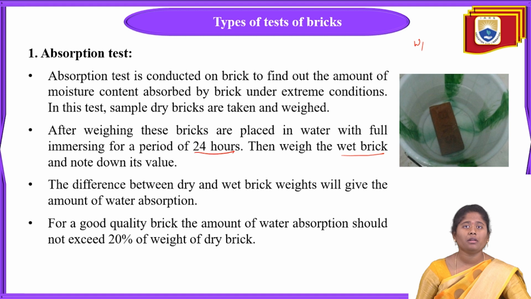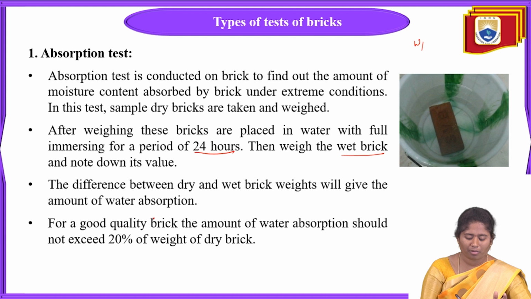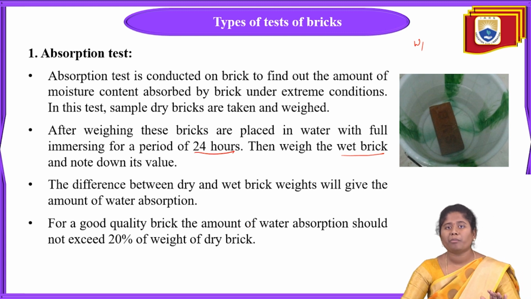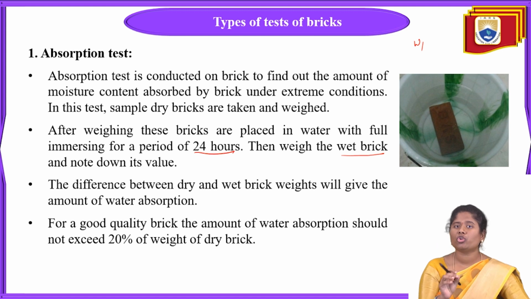After noting it down, we take the difference between the dry brick and the wet brick. That is the amount of water absorption present in the brick. And for good quality, after completion of this test, what should the amount be?